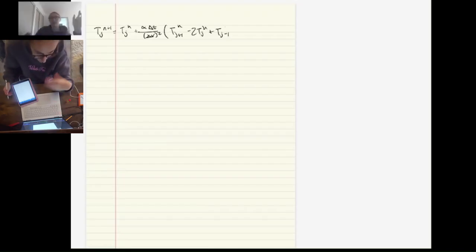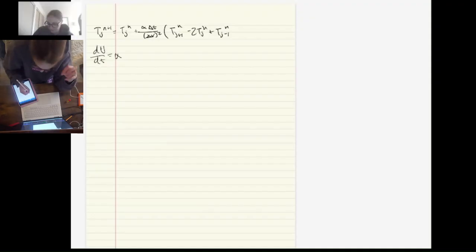So from this, we are given that du over dt is equal to the thermal diffusivity times d squared u over dx squared.